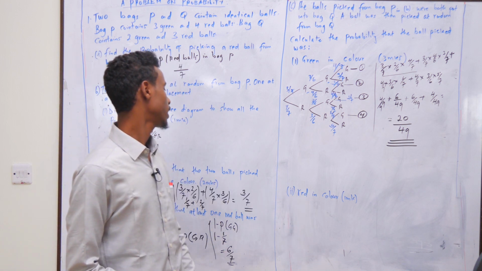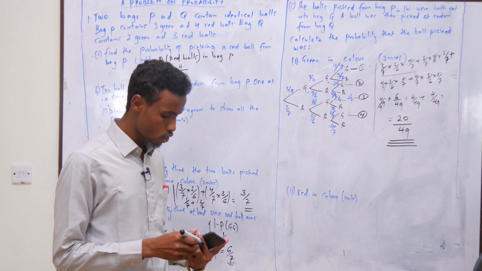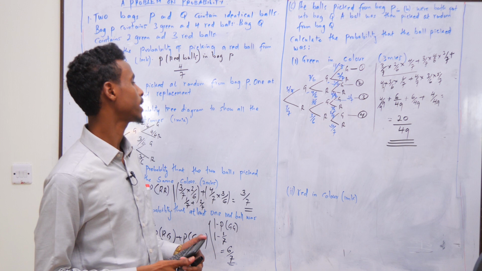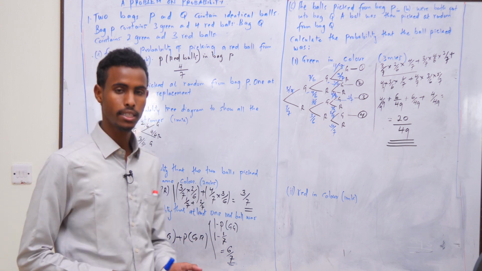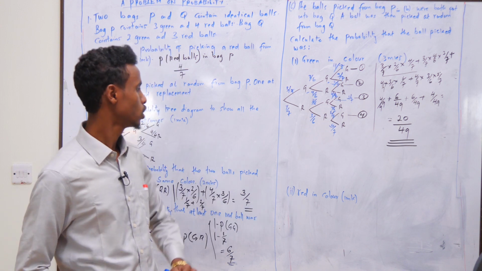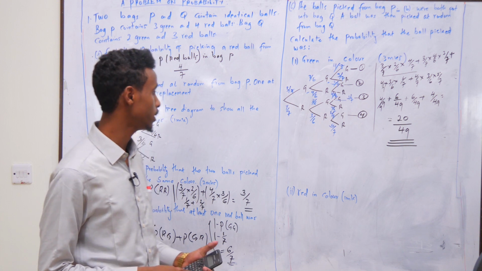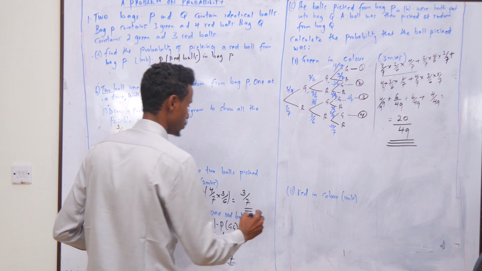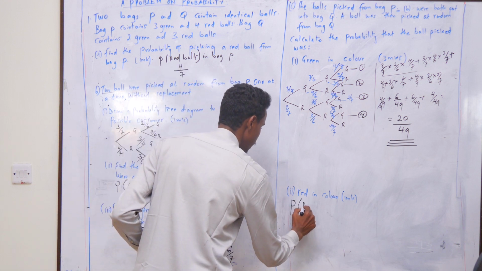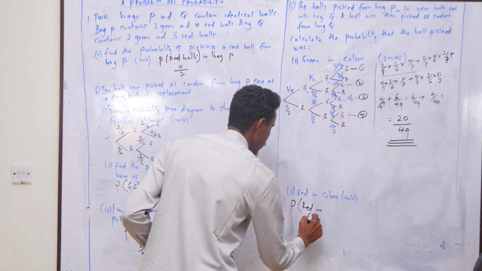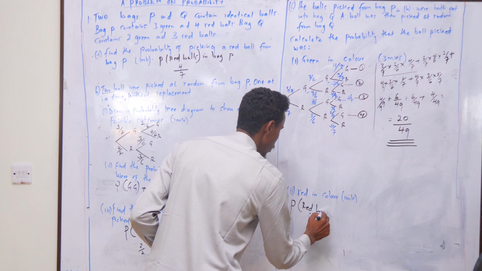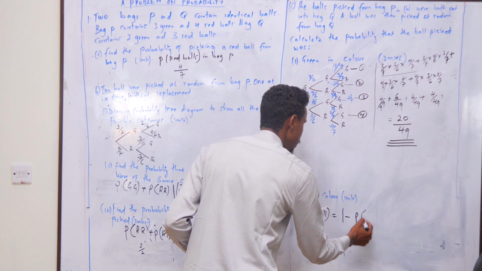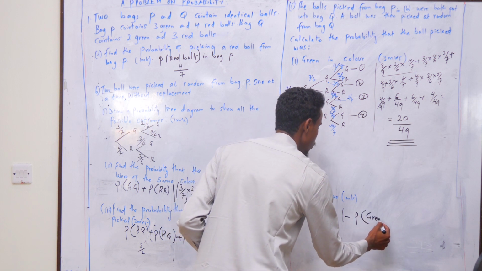Now, very simple one, red in color. Now that you have understood that the probability of picking a green ball from the bag is 20 out of 49, and in the bag we have only green balls and red balls, you don't have to do that calculation. You just say the probability of a red ball is equal to 1 minus the probability of a green ball.